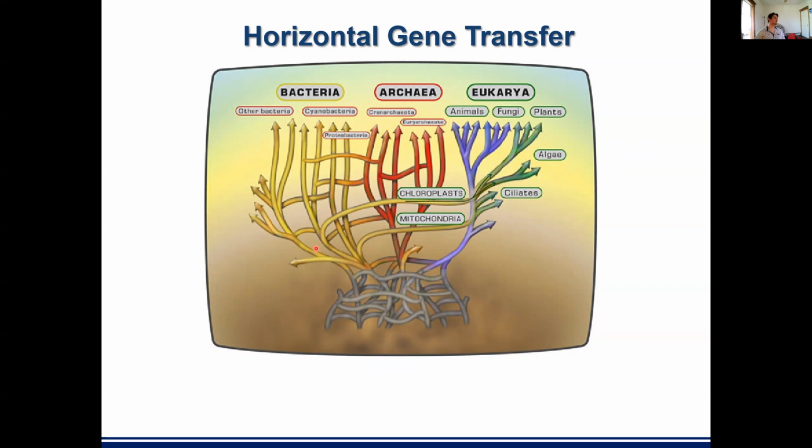How are these genes being transferred to the next generations of organisms over a very, very long time period? With horizontal gene transfer, there are three mechanisms where genes can be transferred from one organism to another without requiring replication. You don't need the organism to go through binary fission if it's a bacterium, for example.